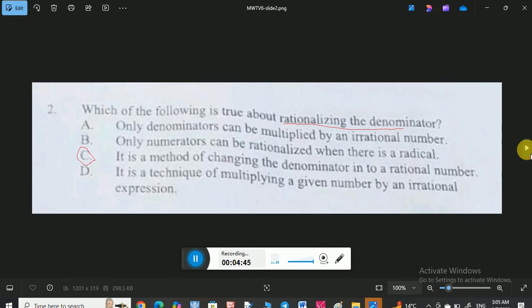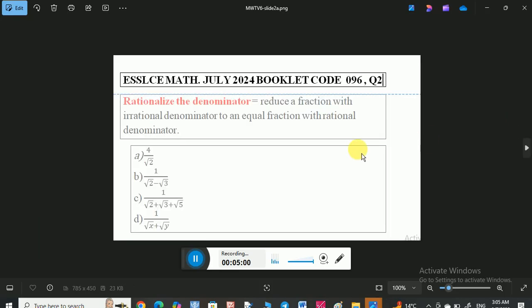Let us move to the next problem. Which one of the following is true about rationalizing the denominator of a certain number? Again, before we read the choices, let us see what rationalizing the denominator of a number means. Well, usually this definition applies to fractions.